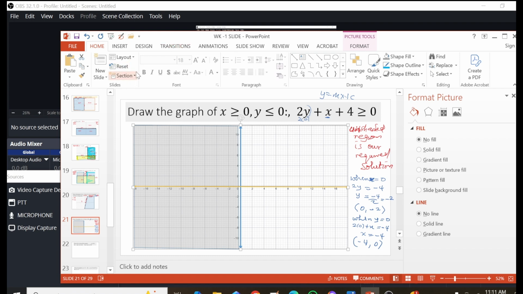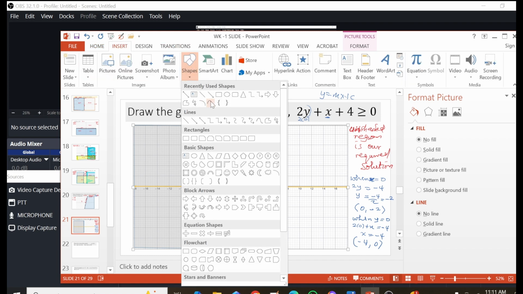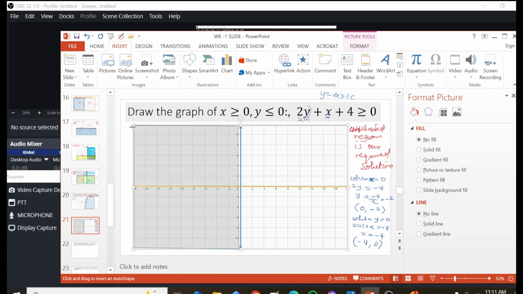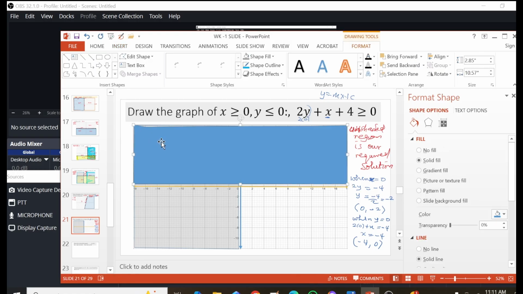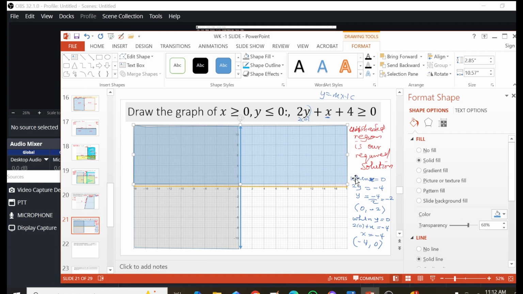So to shade it off, we pick our color. Okay. All right. So with this, I don't need that part. Let's make it transparent so that at least you can see the part we don't need.